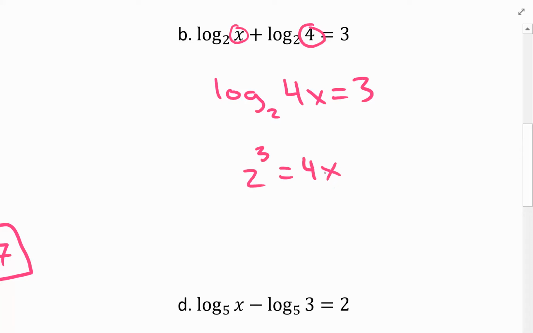Now just do whatever seems obvious to simplify. 2 cubed, what's 2 times 2 times 2? 8. Now we just divide on both sides. 8 divided by 4 is 2. So double check. Are we taking the log of a negative? I have log of 4 and log of, we don't know if x is positive or negative, so plug it in. If I plug in 2, 2 is a positive number, it works.